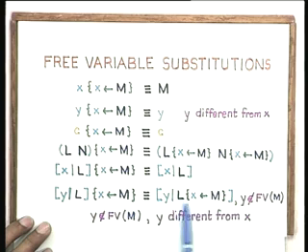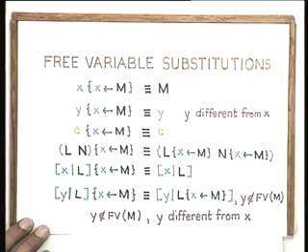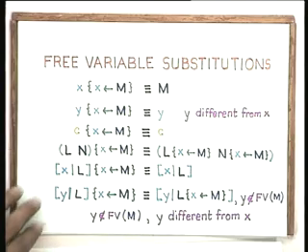So, you can do this free variable substitution only if y does not occur free in M. If y occurs bound in M, there is again no problem, because that binding will be carried through in the substitution. Okay. So, y has to be different from x, y should not be free in M.